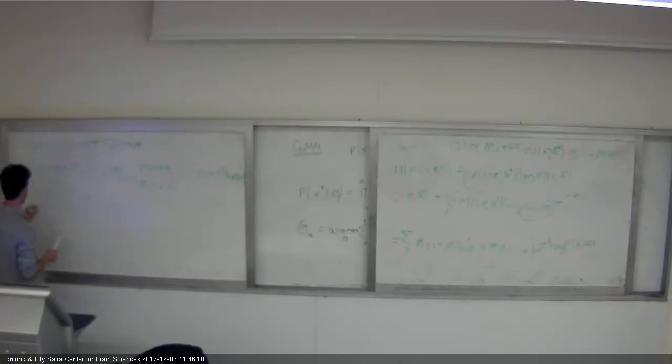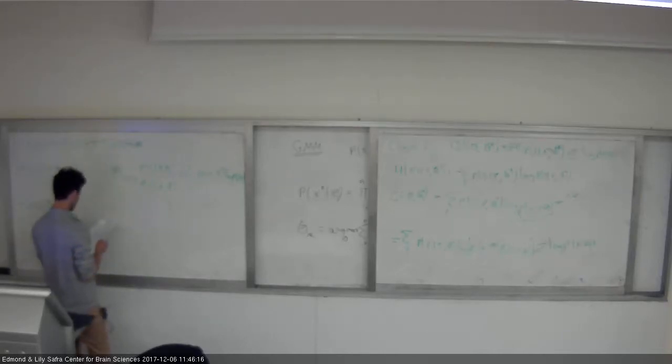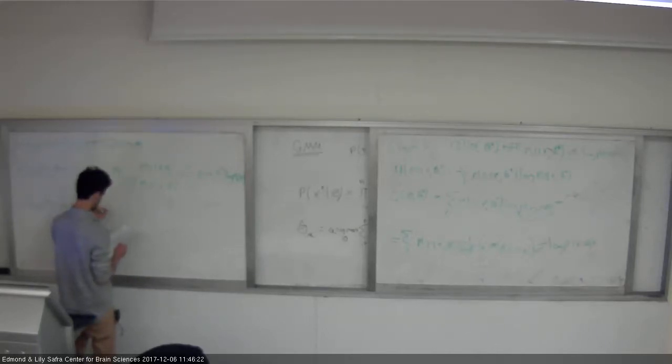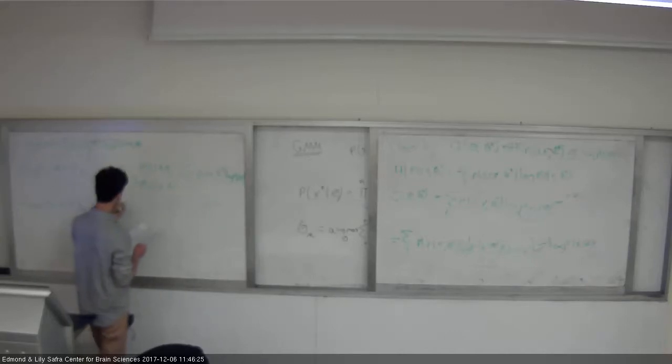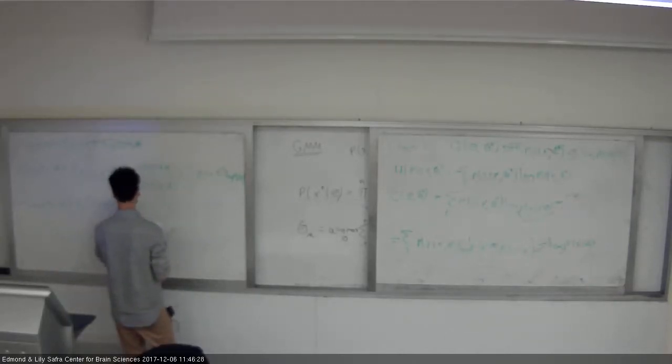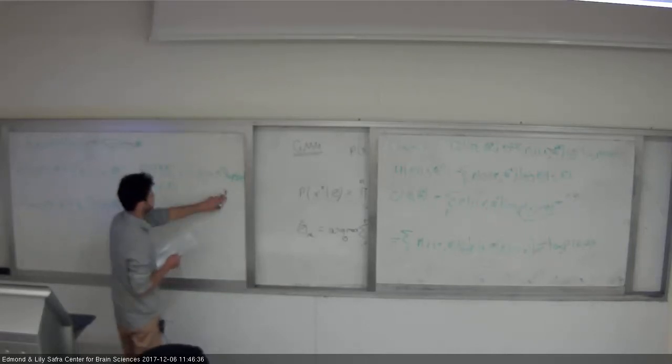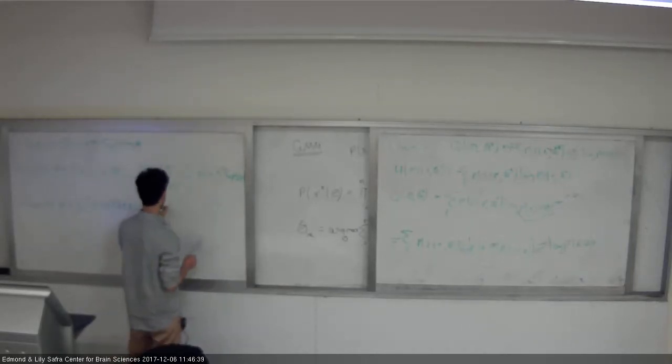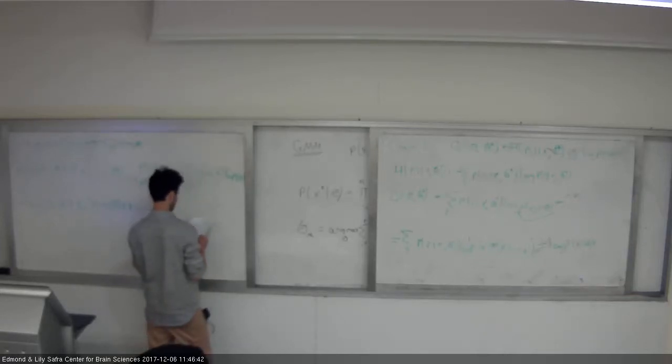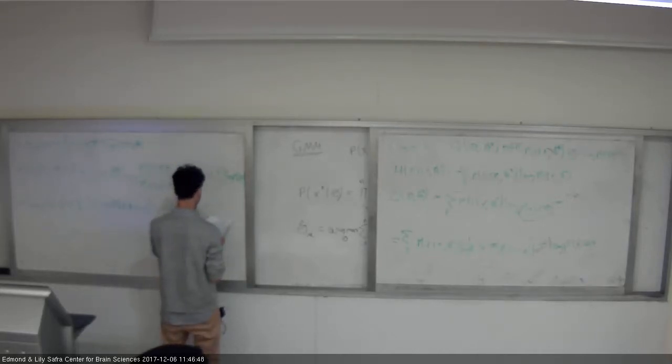So we have log of p of x given theta, minus the DKL between p of z given x and theta hat and p of z given x and theta, minus what is this term? Exactly the entropy of p of z given x and theta hat. Okay?